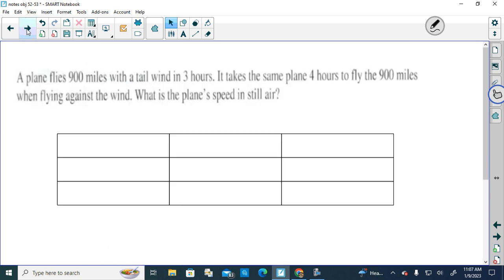Okay, now we're flying. We're off of trains and going to planes. So this will be number 2.